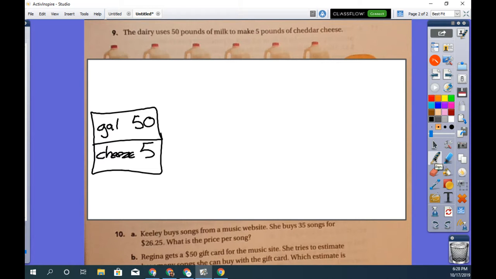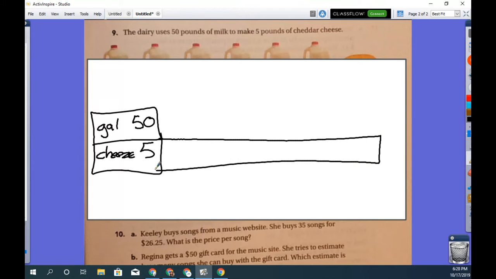And we're going to continue this out, starting from 5, going at intervals of 5 until 50. So here, hopefully your students recognize the relationship between the gallons of milk needed for the pounds of cheese. We're at a 1 to 10 ratio, right? If we were to reduce this down. So basically, we're going to take our pounds of cheese and multiply it times 10.